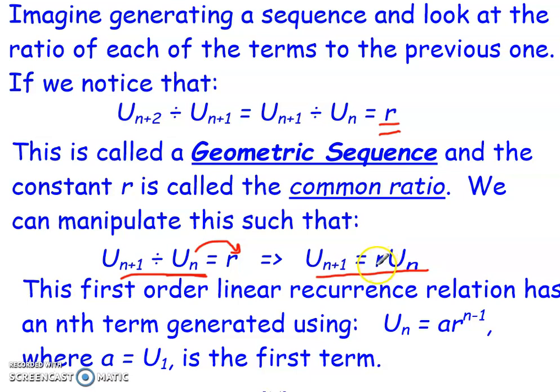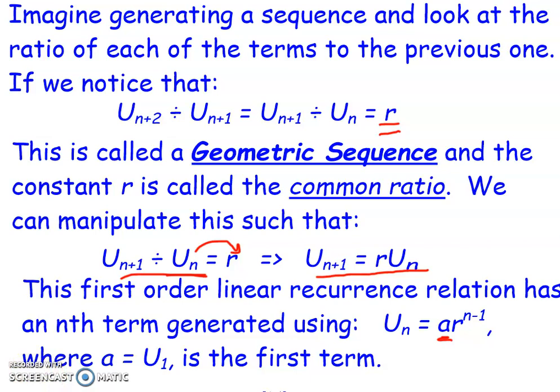So this first order linear recurrence relation, we can give a general format and say that we can generate the nth term using u_n equals ar^(n-1), where, similarly to the arithmetic sequence, the a is u_1, our first term in the sequence, and the r is still the common ratio throughout.